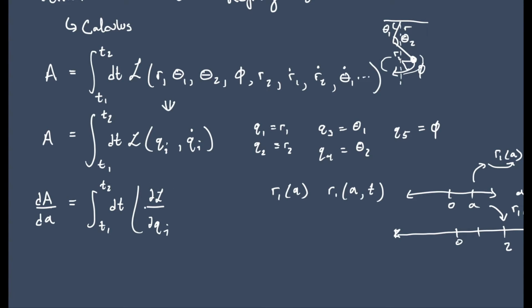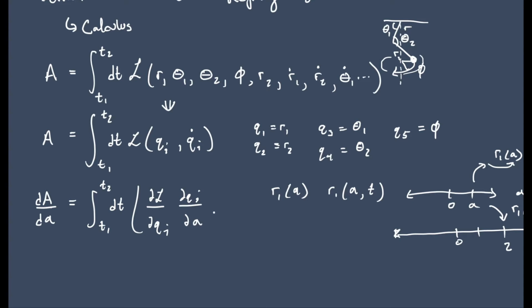Remember this is multiple equations here because i has multiple values like we set up here. Times the derivative of qi with respect to a, so dA.